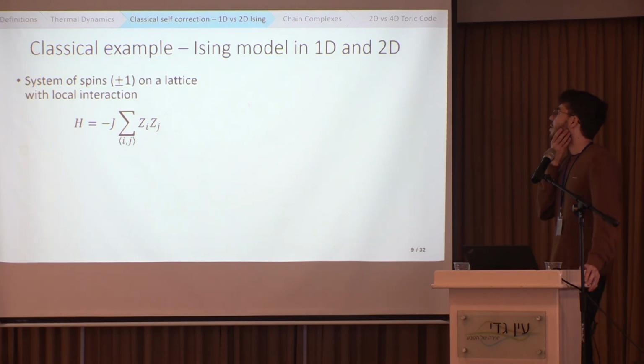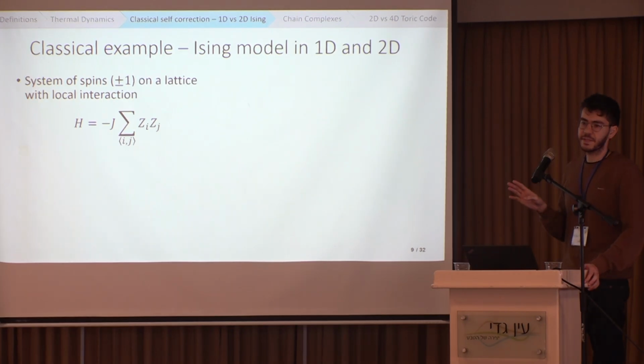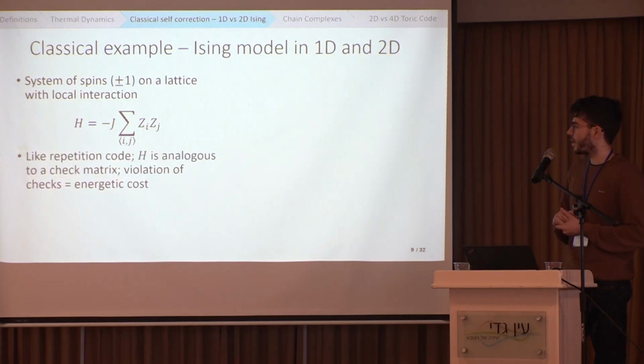In the Ising model, we have spins, which could be minus or plus 1, on some lattice in 1D or 2D, with local interaction of neighbors. Spins want to align with their neighbors. We can think of this also as a repetition code, and the Hamiltonian, which assigns the cost, is analogous to the check matrix. And the violation of checks is like the energetic cost from the Hamiltonian.